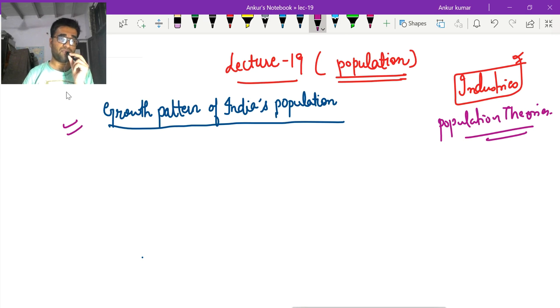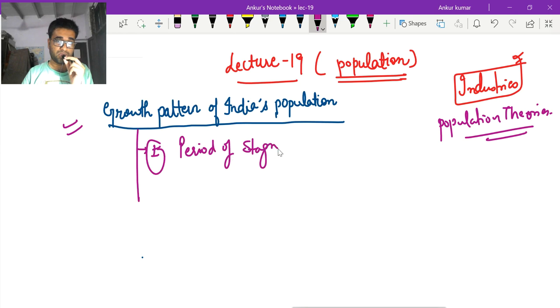So we are first starting with the growth pattern of the Indian population, that is, how the Indian population has grown over time, right? Actually, we will divide this pattern into four phases. Phase number one is the period of stagnant population, and this period is till 1921.